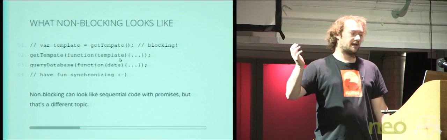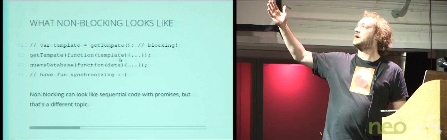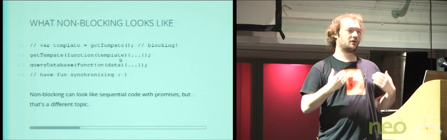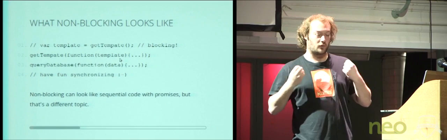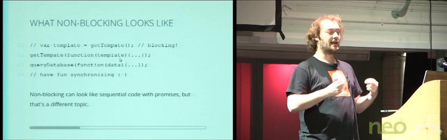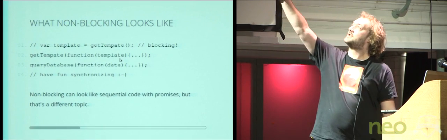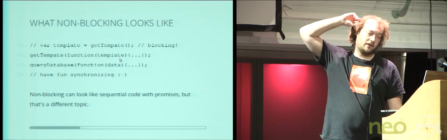And he says that asynchronous code, when you're calling a function and the function cannot return really quickly because it does not have the data it's supposed to return, then it should not look like the first line.